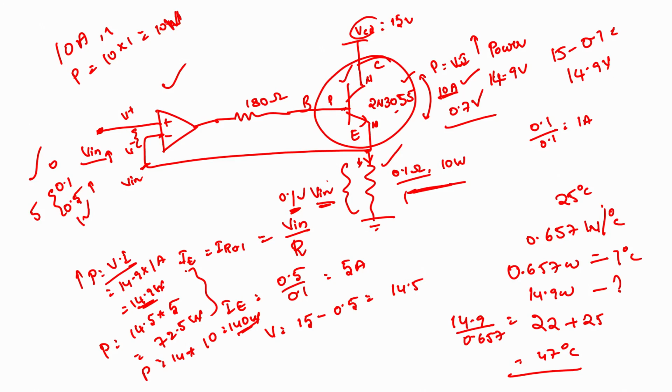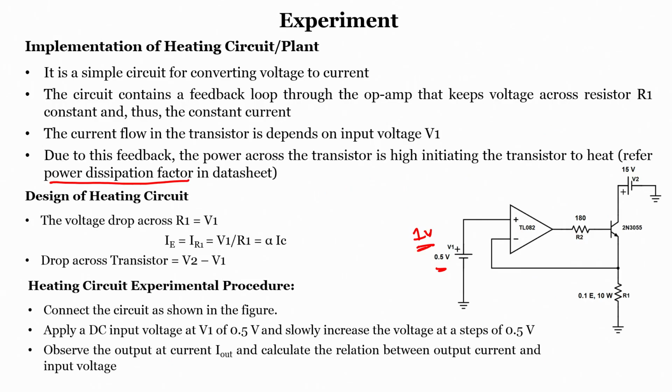So, depending upon the operating current and the voltage drop, you have to choose your resistor. If you go with a higher resistance value, and if you use a transistor other than 2N3055 which can withstand even higher current, the same plant can be used for higher current applications, very fast temperature output applications too, right.